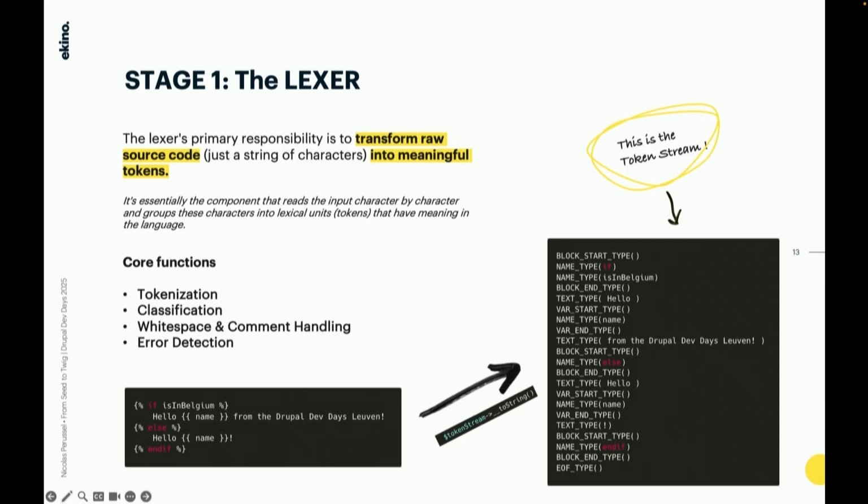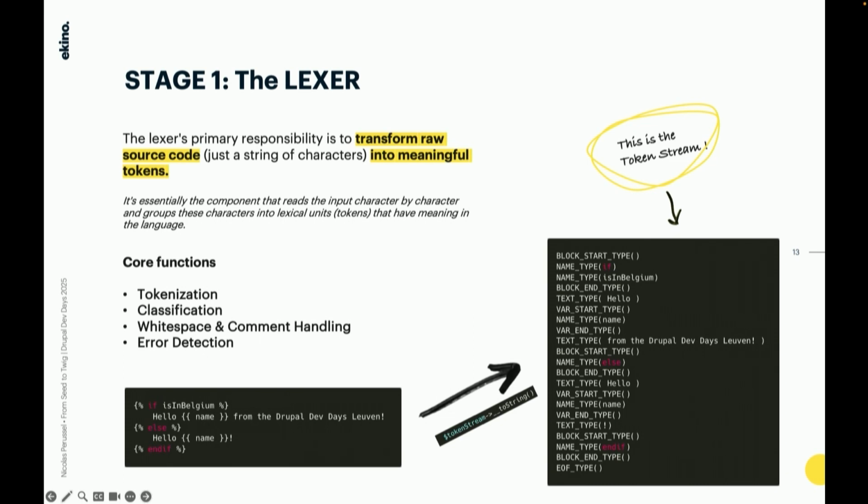Like I said, I spoke just before about tokens. The lexer's primary responsibility is to transform the raw source code in Twig syntax into meaningful tokens. In fact, this action is called tokenization, and to go from the Twig template to the token stream on the right, we just need to call the tokenize method.